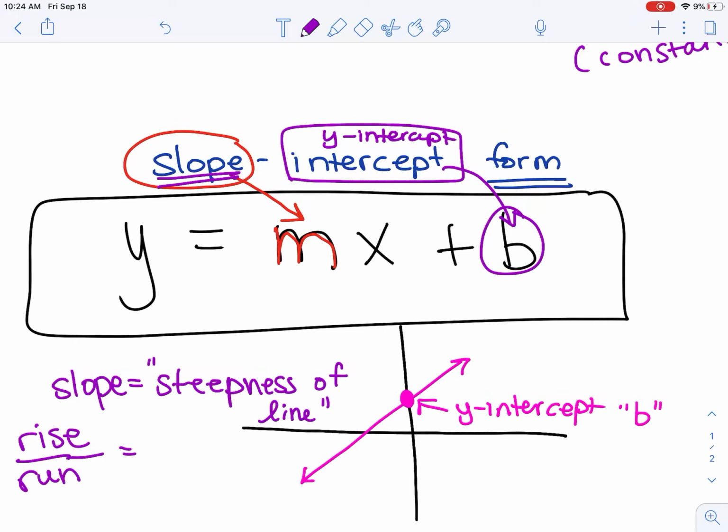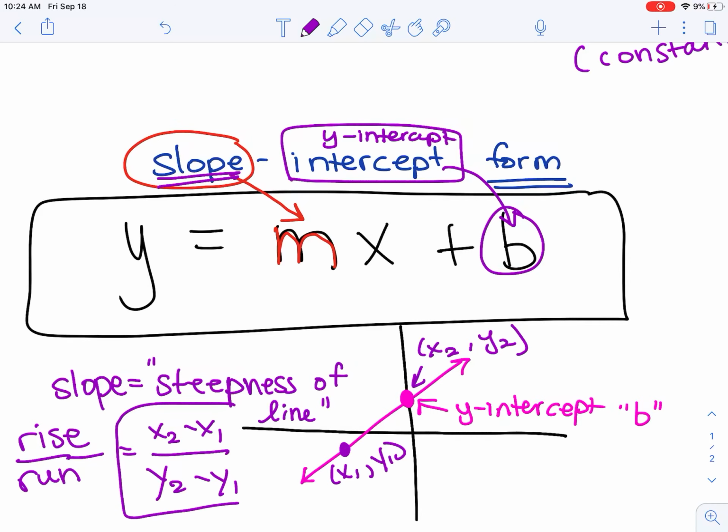So we can call this y2 minus y1 all over x2 minus x1. For example, if this was our first point, we can call this x1 comma y1. And this is our second point, we can call it x2 comma y2. And we plug in those values to find the slope. Okay, so remember, slope is the value for m.